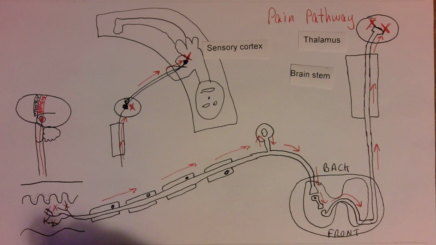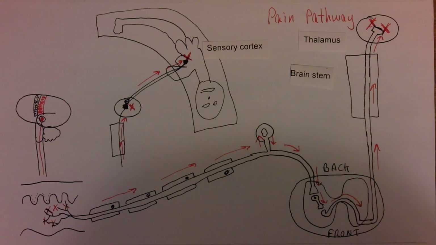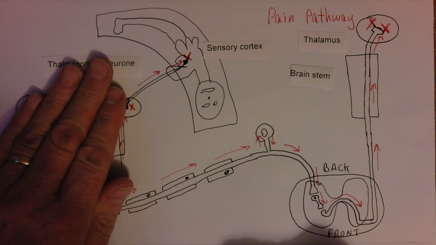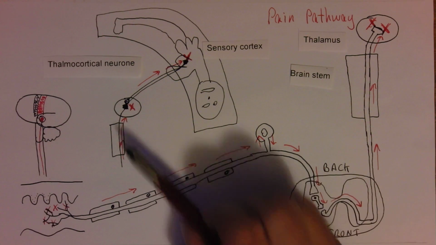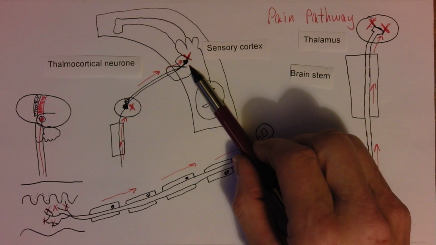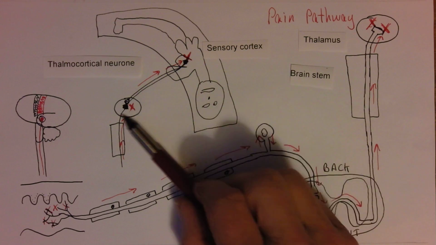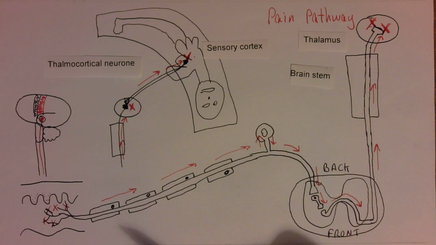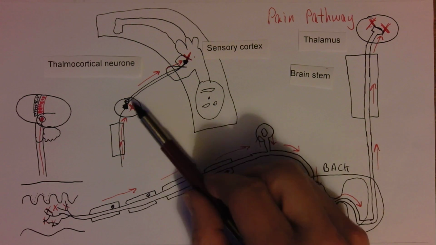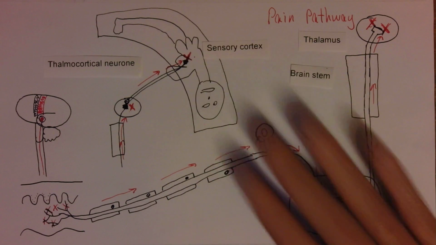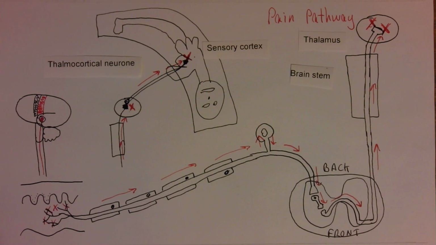You know where it is. It localizes that pain. So that tract, taking the impulse from the thalamus to the relevant part of the body, is the thalamocortical neuron. So pain is localized by communication between the thalamus and the sensory cortex, localizing the noxious stimuli so we can take appropriate action. So you pull your hand away, stop it getting damaged.